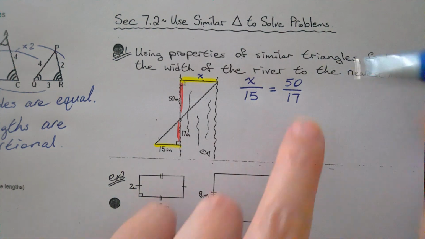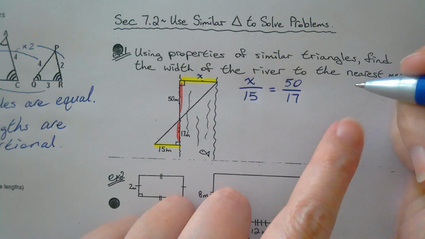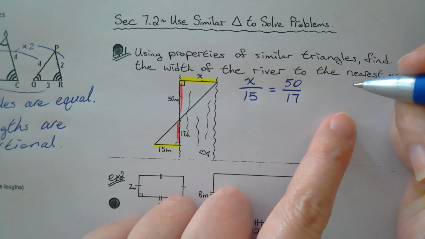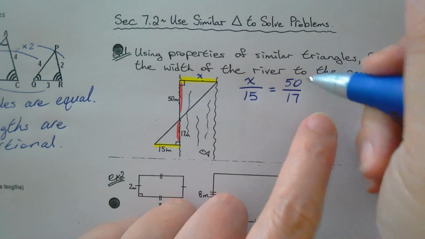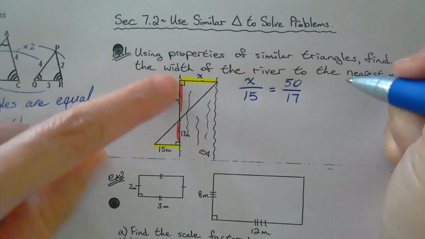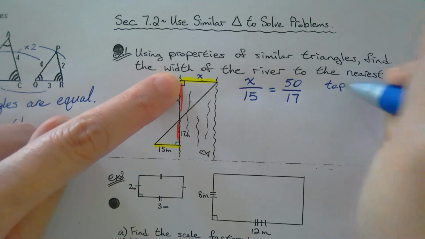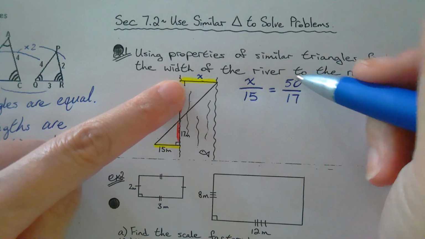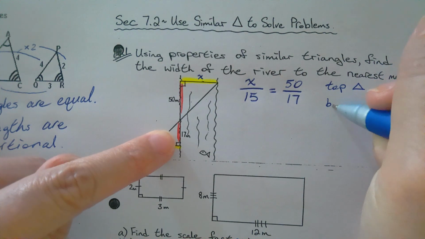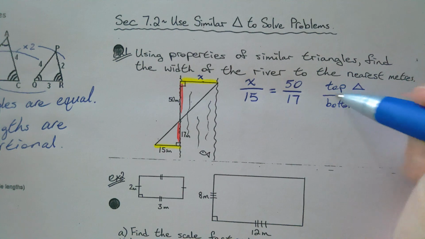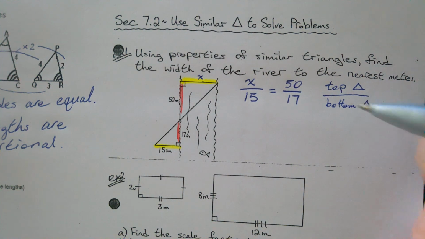When we did proportions at the beginning of this semester, we said it has to be in the right order. If we're starting with the top triangle, then we have to start with the top triangle on both sides, and then this bottom triangle. So the order of how you write the fraction matters.